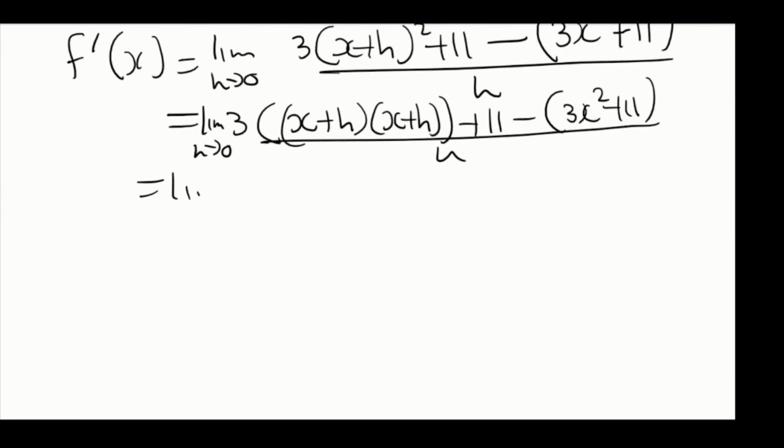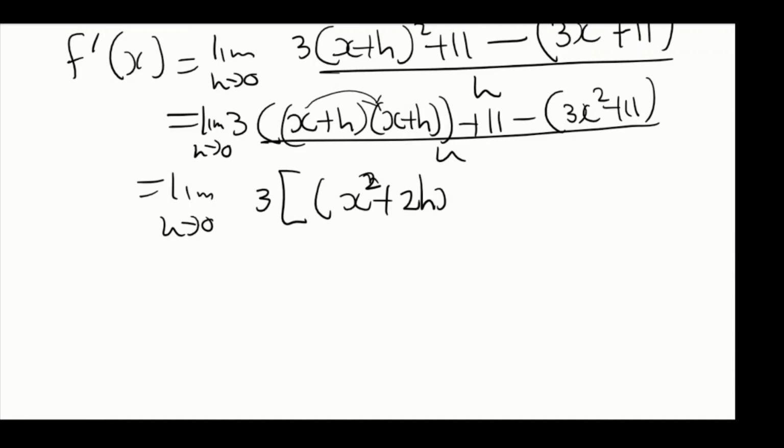So the limit when h approaches 0, we have 3 into, so we find the product using the FOIL method. It's going to be x squared plus 2hx plus h squared, right? So we're going to have x times x, which is x squared, x times h, which is xh, plus x times h, which is xh.